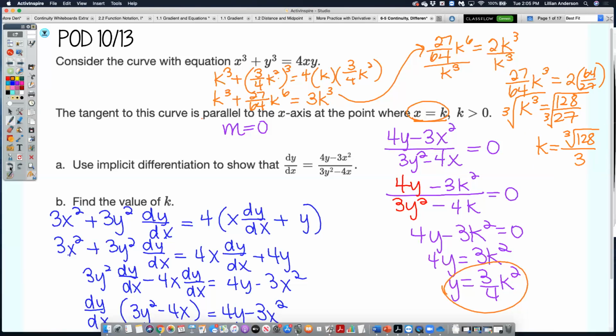Remember, cubes, you can pull out. So we know that this can be rewritten, I'll do it in a different color, as the cube root of 64 times the cube root of 2. The cube root of 64 is 4, cube root 2 over 3.